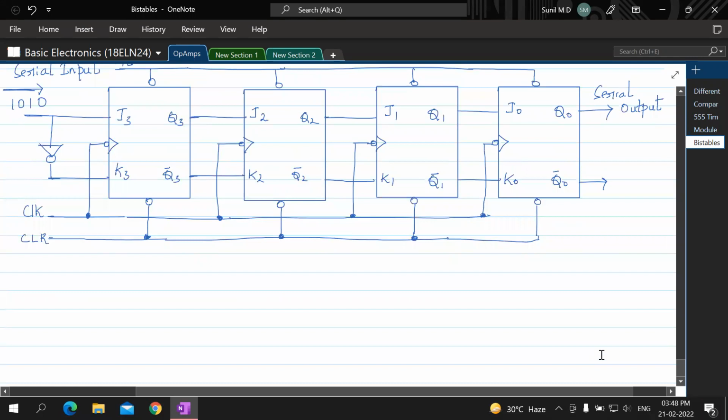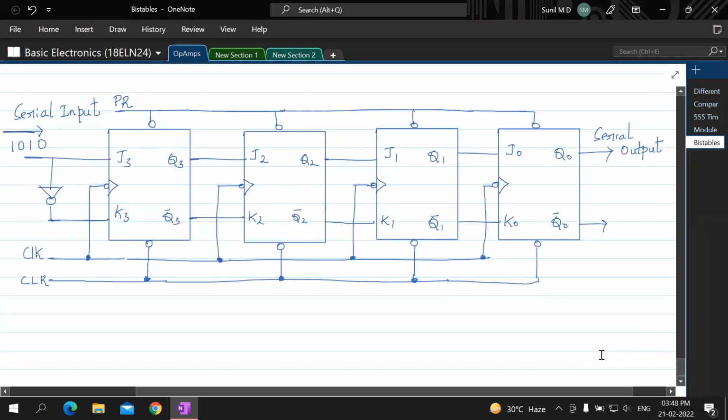Understand that? So let's analyze this particular thing. To begin with, let's say PR is 1 and CLR is 0.